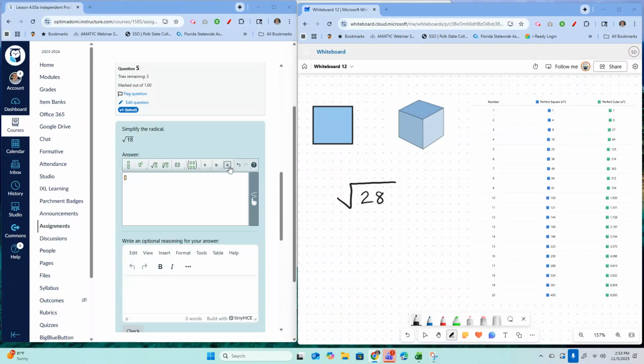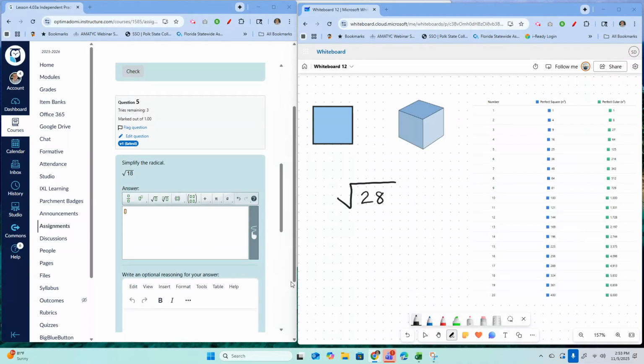In question number 5, we're working with a different root. When you do not see any little number up here, the index, it's because the number that is there is an invisible 2. When the index is 2, we call it square root.